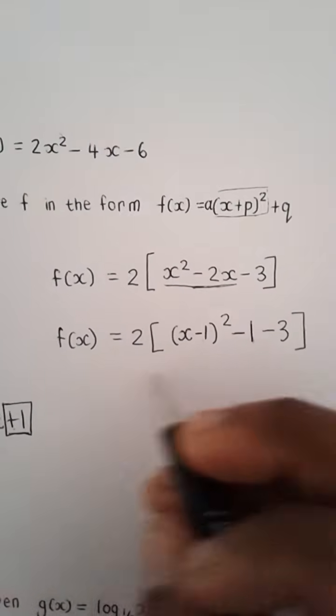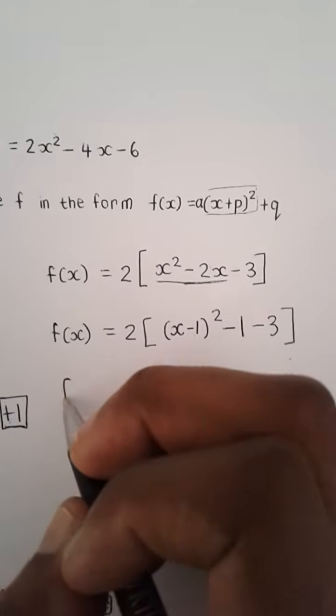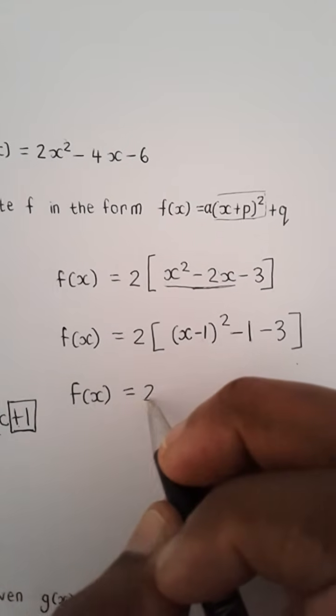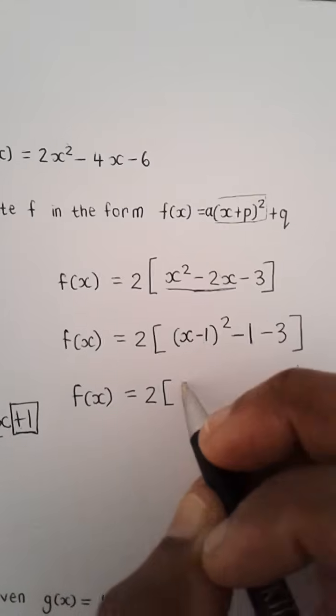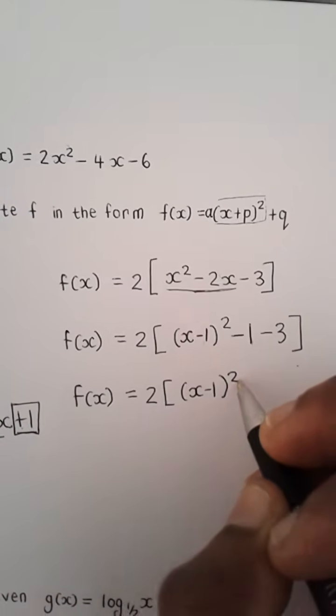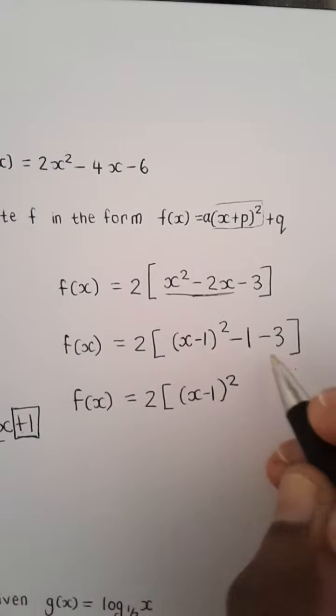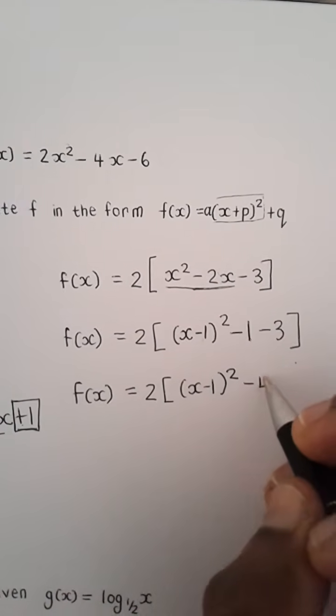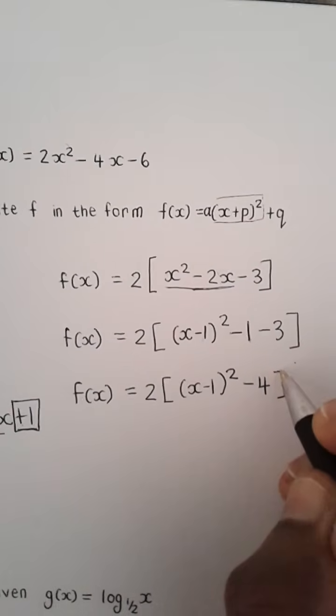So when we continue simplifying this, we'll have f of x is equal to 2 into the bracket x minus 1 all squared, right? And minus 1 minus 3 is just minus 4. We'll close that, okay?